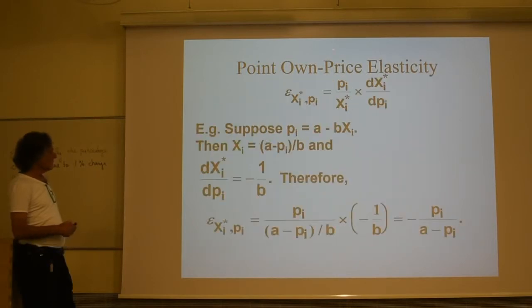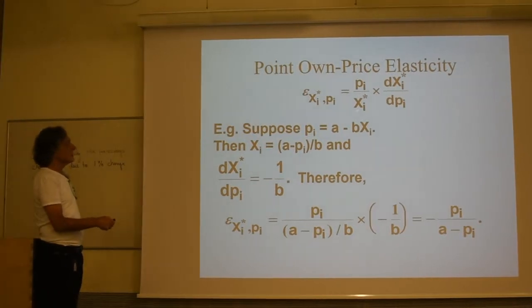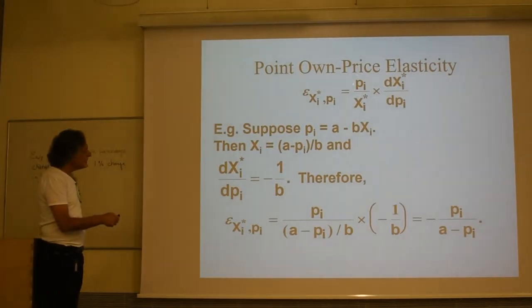You see, here it is what we have. And now suppose, okay, here is an example. So this is the price elasticity of demand. It's the derivative of xi with respect to its own price times the price over the xi. And this is the price that I start from. This is the xi at this price.